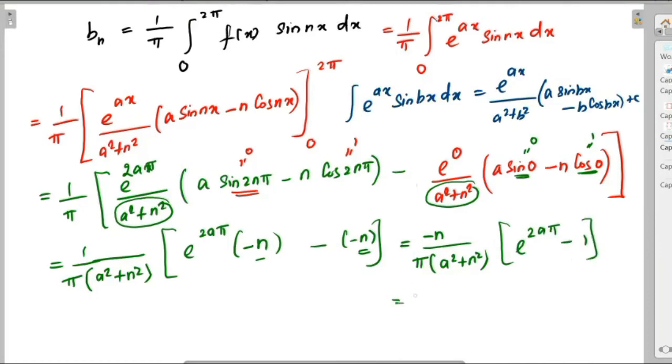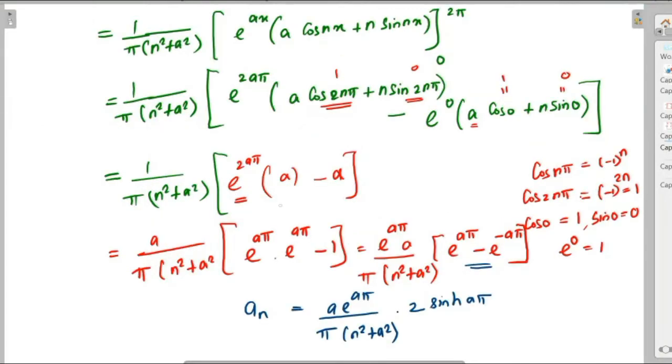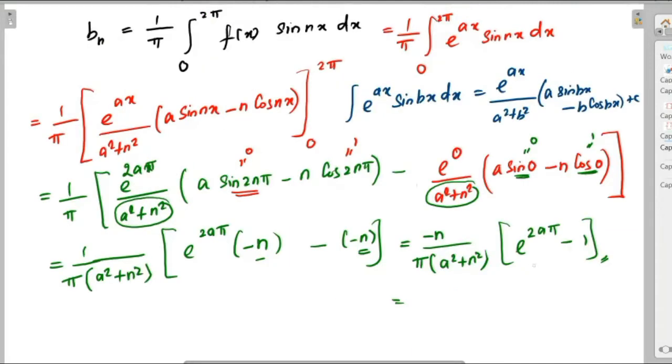So already we have applied the same logic to find a naught here. Similarly, I am going to apply the same logic here also. So directly I am going to apply the result.